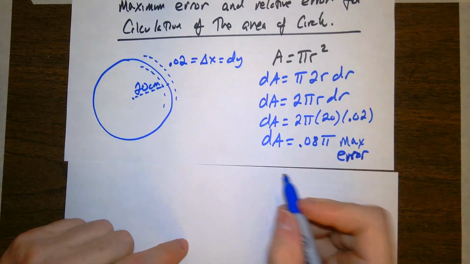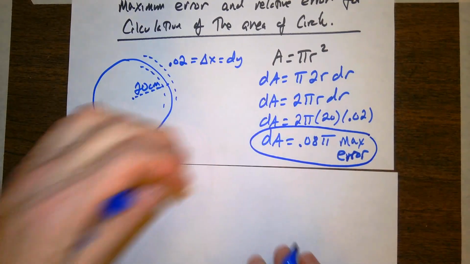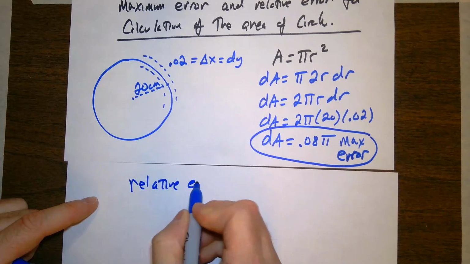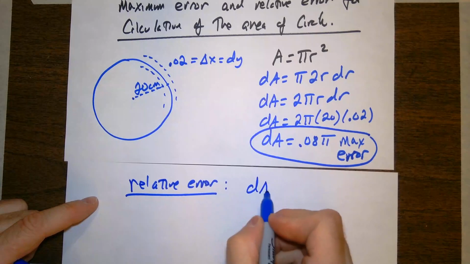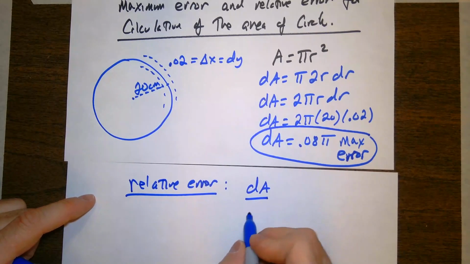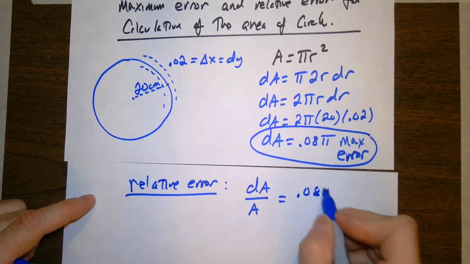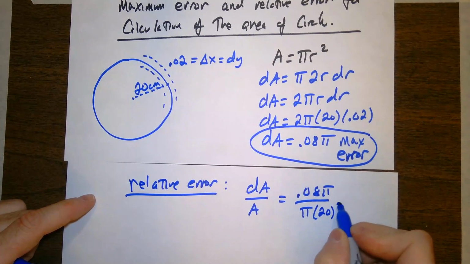Well, the relative error, so here's the max error. The calculation for the relative error is going to be maximum error over area. So 0.08 pi over pi r squared.